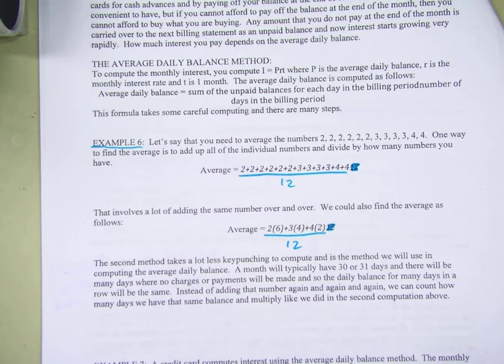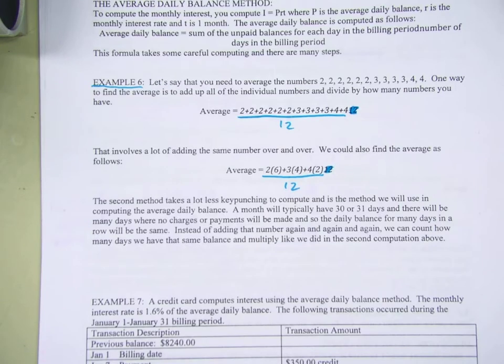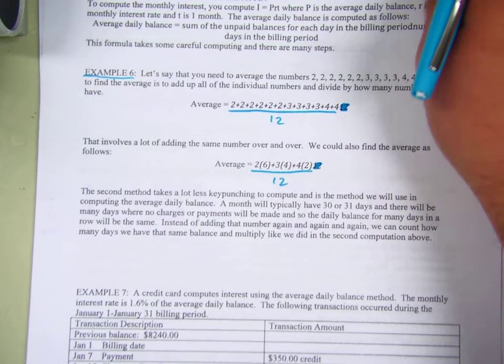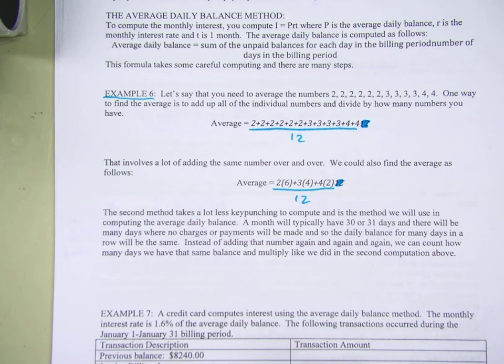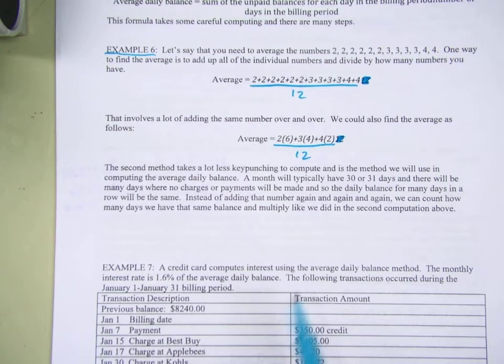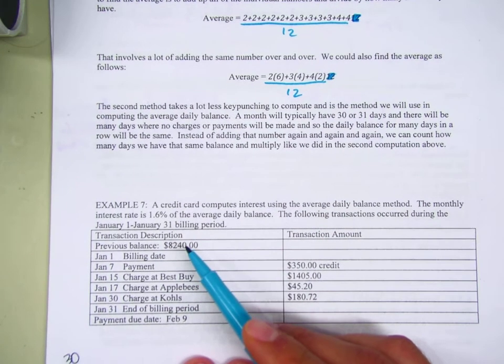When you guys are going to calculate the payment that's due, we use something called the average daily balance method. And so what you're going to end up doing is figuring out what the average daily balance is on the credit card.